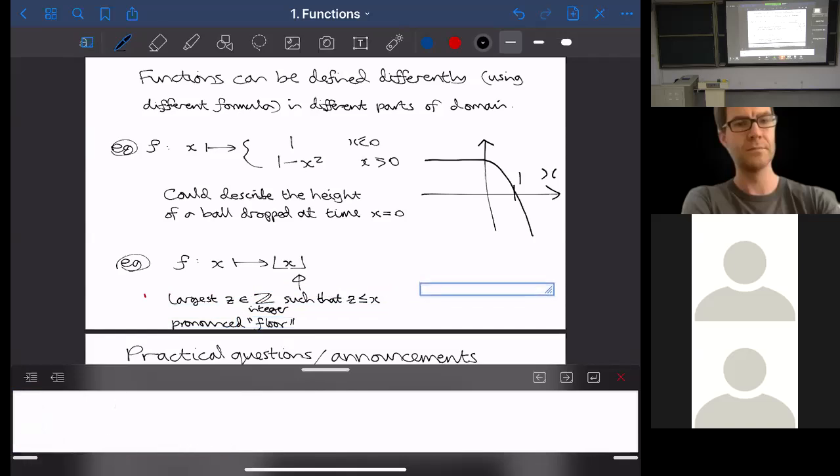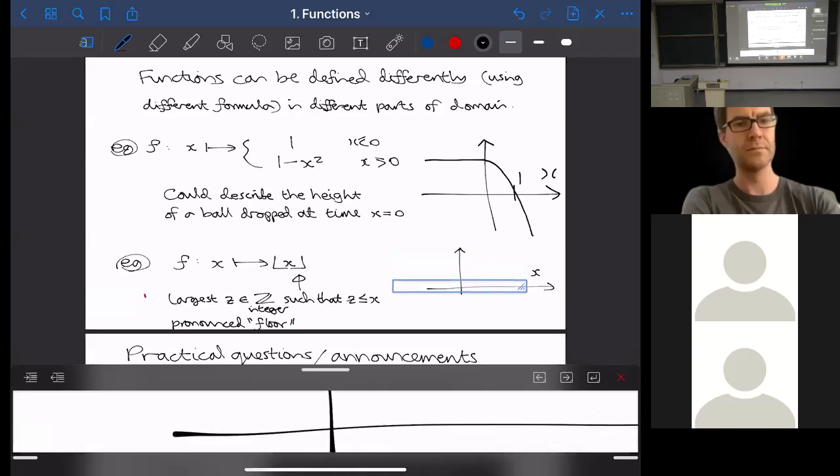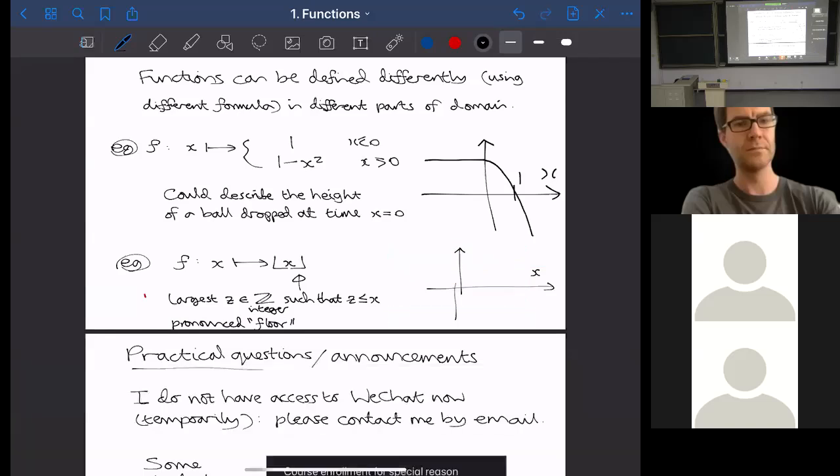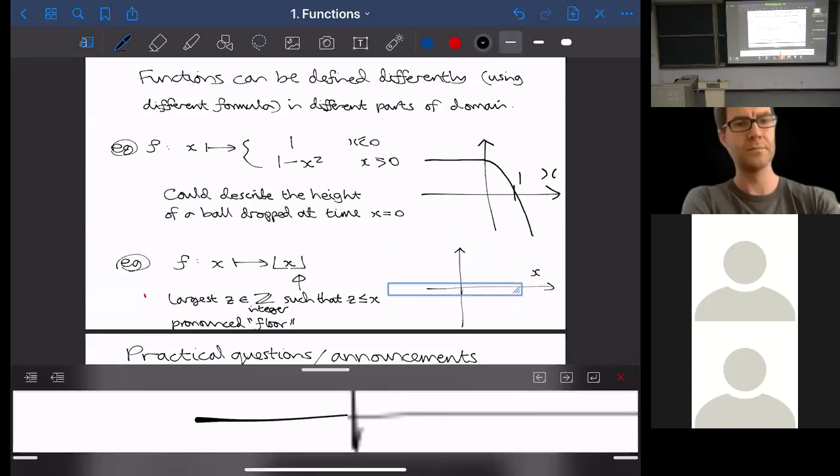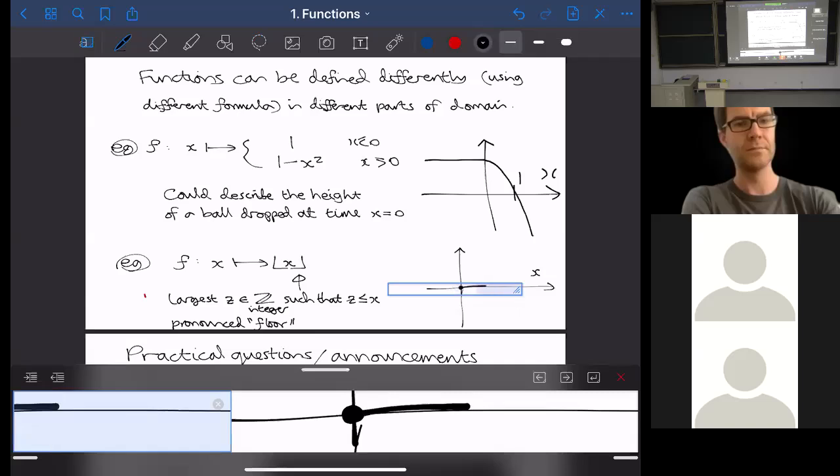Okay, so let's draw the graph. Well, if x is 0, then the largest integer with that property is 0. And that's still true all the way to 1.